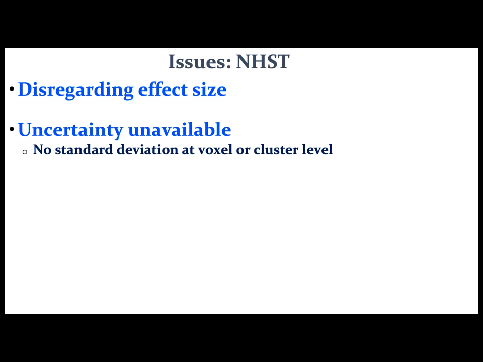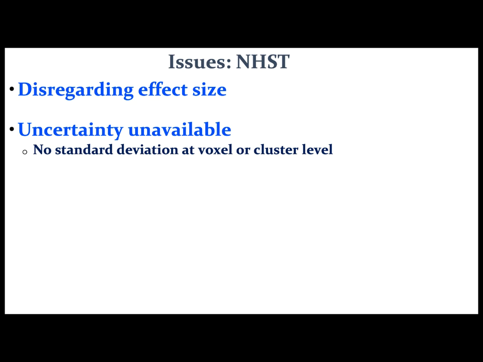The next issue is more subtle, right? The uncertainty is not available or not interpretable. Why do I say that? You may say, okay, you have the t statistic, right? But the reason we perform multiple comparisons correction is that we don't trust those t statistic values, those p values.